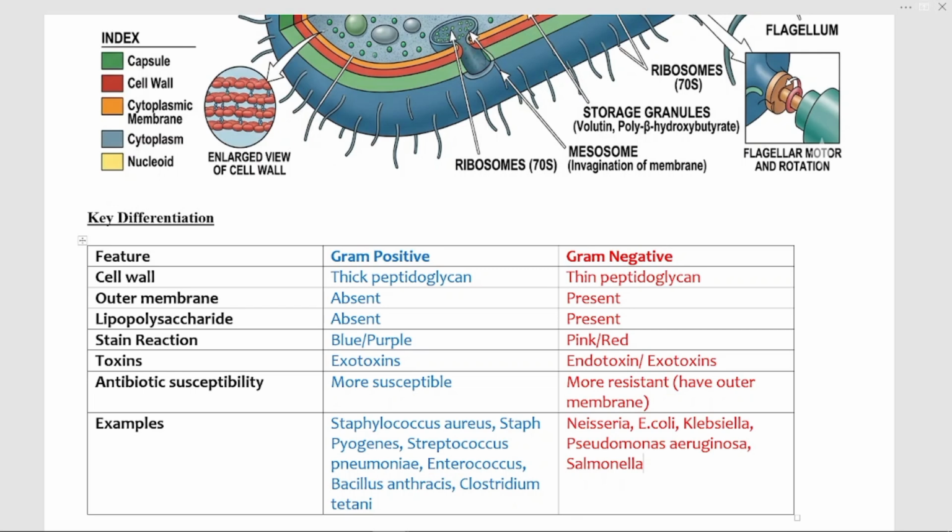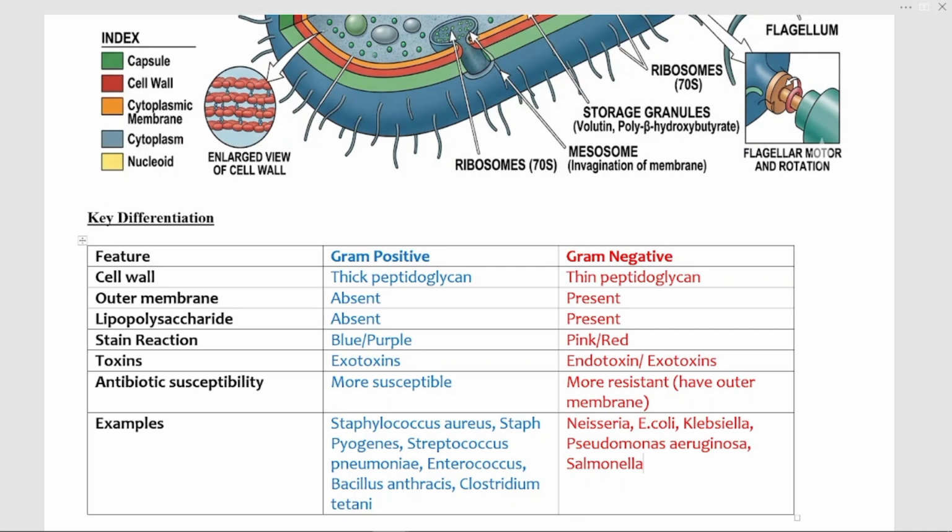We also need to understand the nuclear composition, the DNA structure, the RNAs, protein synthesis, how the DNA is manufactured, the folic acid pathways. Once you have this understanding, it will become extremely easy for you to understand how the antibiotics work.